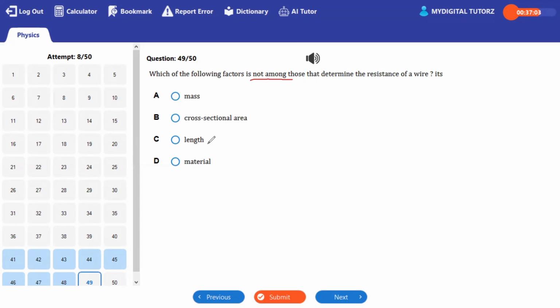One is the length, it depends on the cross-sectional area, it depends on temperature, and it depends on the material, right? According to the relationship, R is inversely proportional to the cross-sectional area, and R is also directly proportional to the length of the wire.